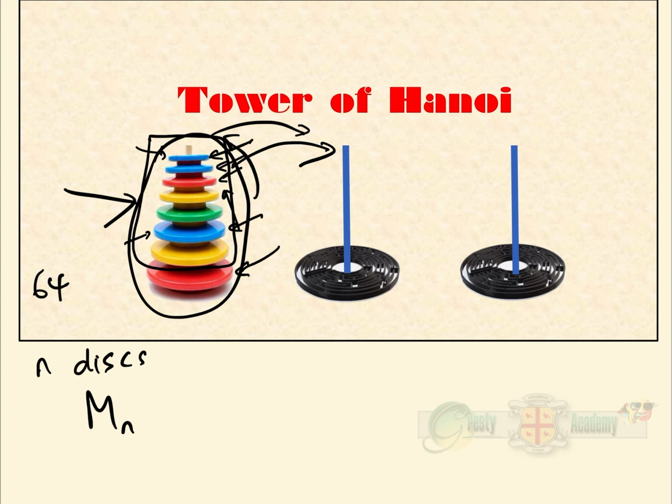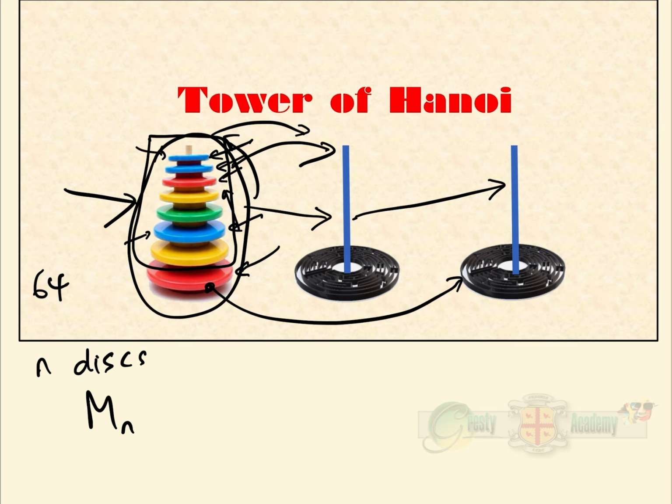And how are we going to move all n discs? Well, we're going to move the n-1 discs to there, then we're going to move the bottom disc to there, and then we're going to move the n-1 discs to there. So basically, how do we move all n discs?